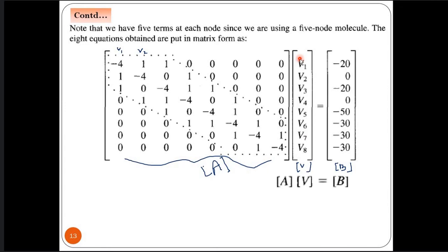It is very difficult to solve this type of matrix manually. So you have to write the MATLAB code to solve this matrix and find out the potential of all the unknown or free nodes.